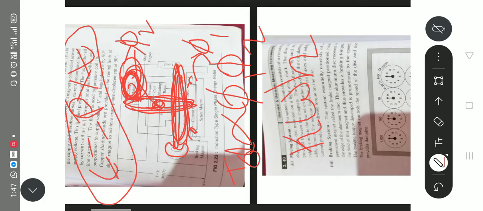That permanent magnet will reduce the speed of the aluminum disc, whatever speed is required for generating the power or energy.